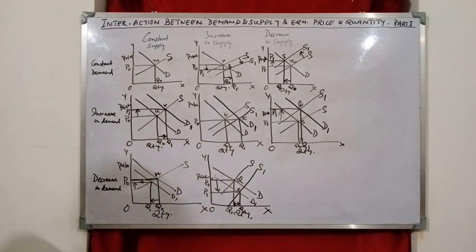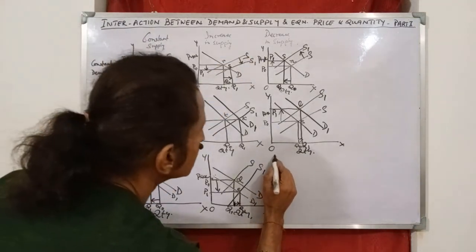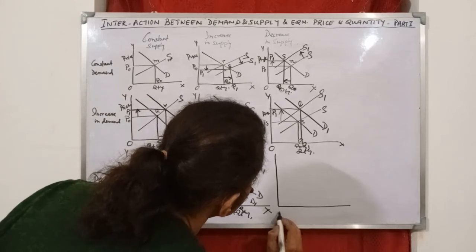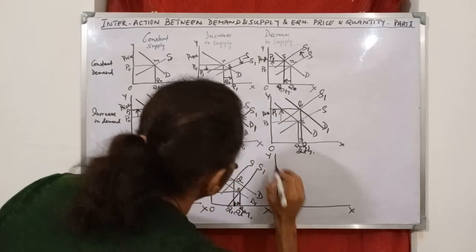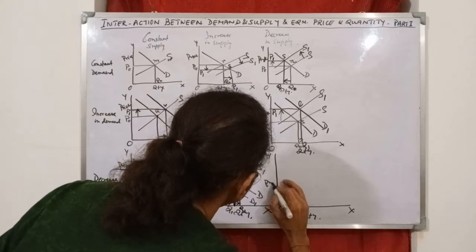And finally, decrease in demand and decrease in supply. On the x-axis we measure quantity, on the y-axis we measure price.